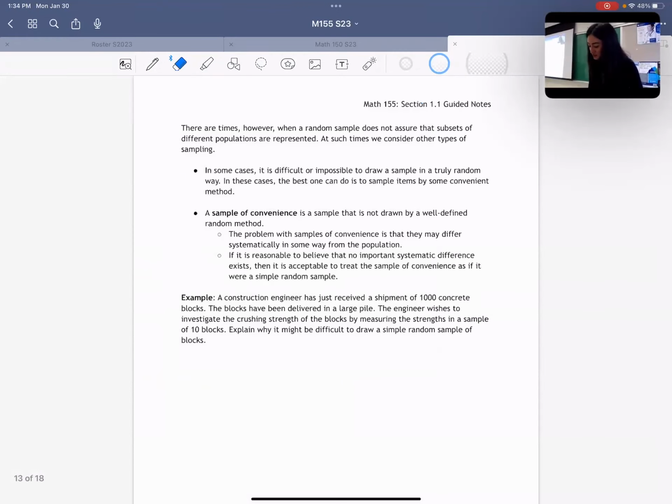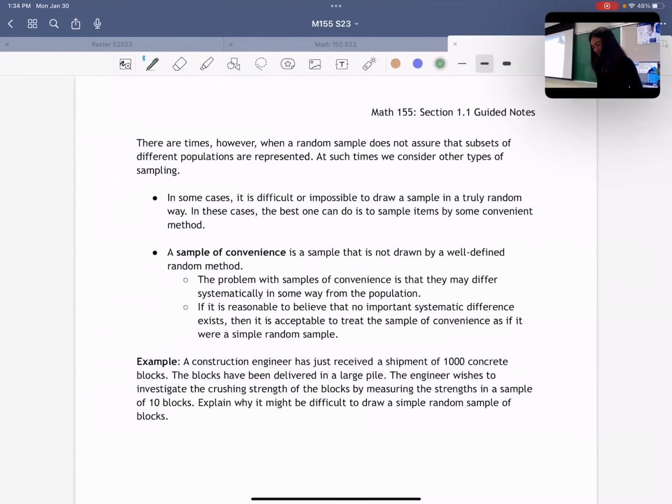Let's flip our page. We'll talk about another one that isn't too important to me. Sometimes we either don't have a random number generator, so we don't have Google to give me a number, or it just wouldn't be convenient to have a simple random sample. I'll give you an example. Let's say I have a large pile of really heavy bricks on the floor.